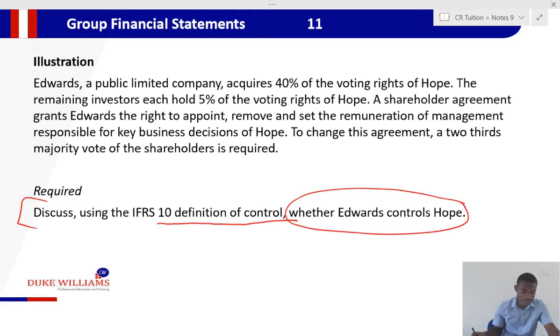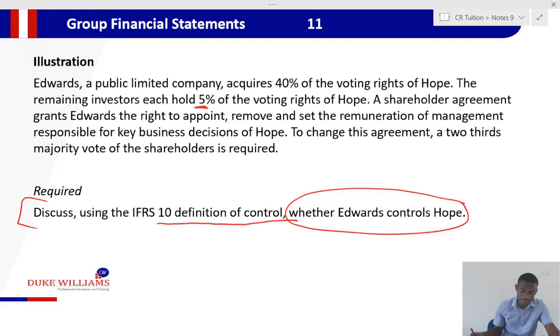The remaining investors each hold 5% of the voting rights of Hope. A shareholder agreement grants Edwards the right to appoint, remove, and set the remuneration of management responsible for key business decisions of Hope. To change this agreement, a two-thirds majority vote of the shareholders is required.